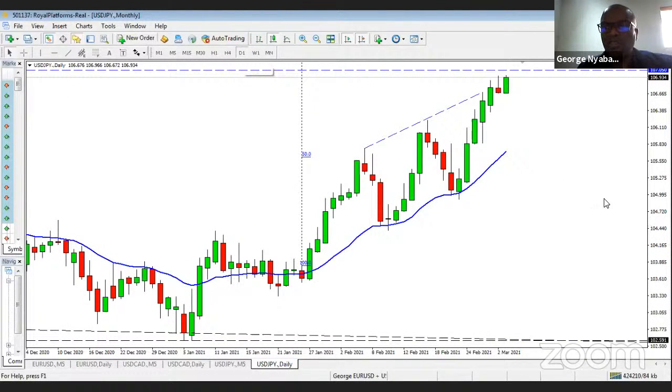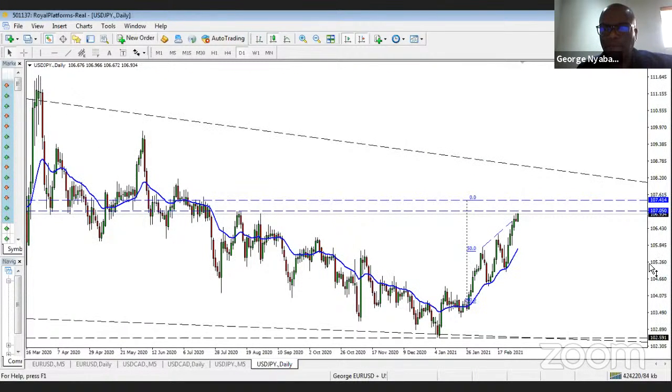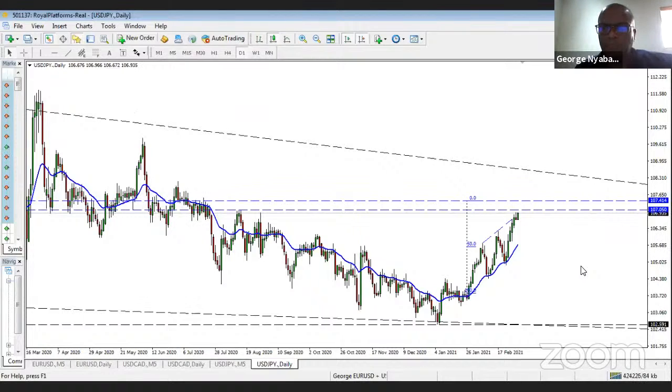we just come down to our daily time frame. Okay. Now, the reason I've drawn the 107.4 level on the daily time frame is because of a potential measured move of the breakout point.